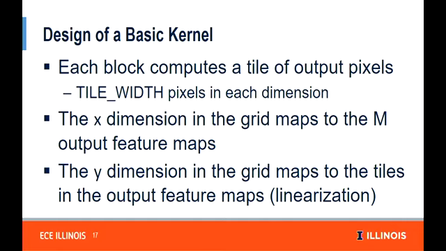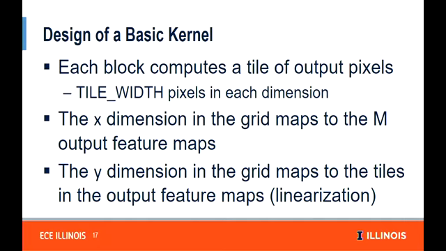So we can design the CUDA code so that each thread block computes a tile of output pixels, which is exactly the same as a 2D convolution design, right? In 2D convolution, we had each thread block calculate a modest-sized tile of the output pixels.